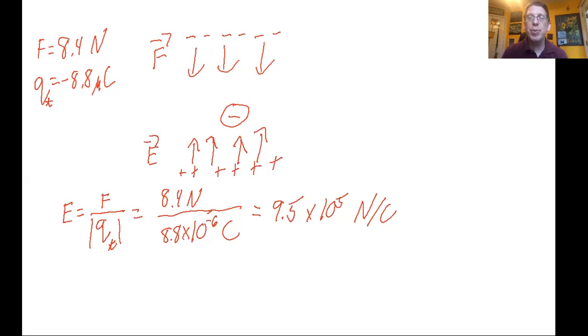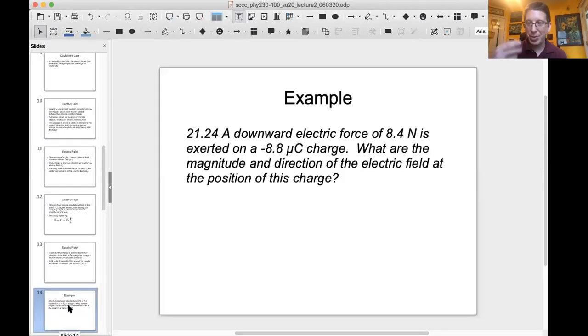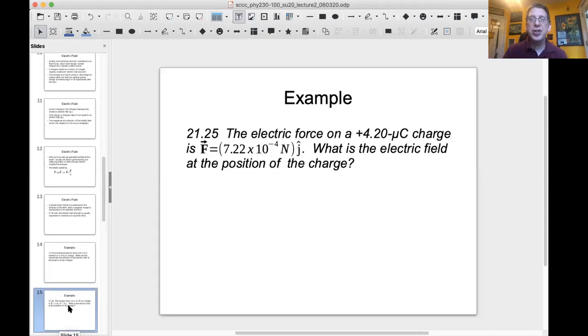So that's very important conceptually. And that will come into play quite a bit as our study of electric field continues in this chapter and next chapter. So again, the electric field vector always points out of a positive charge and into a negative charge. So let's go to another problem.